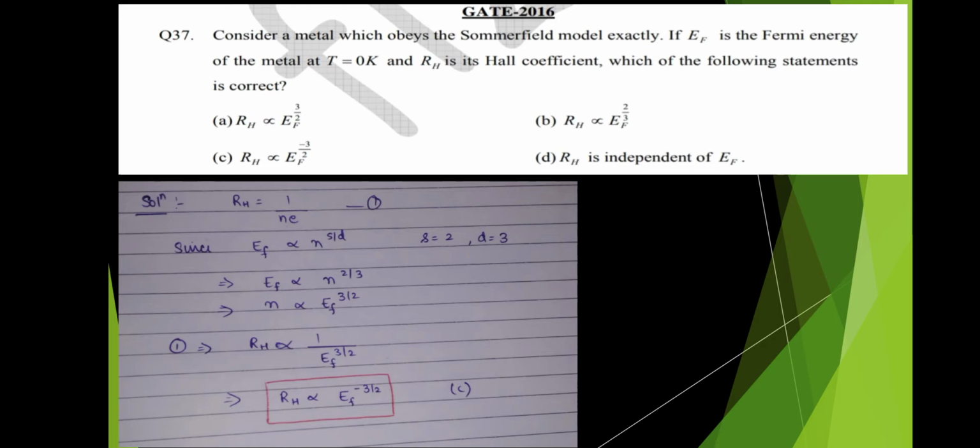Plugging the values, we get EF proportional to n raised to power 2 by 3, and n dependent on EF as power 3 by 2. So from the first equation we get RH is proportional to 1 by EF raised to power 3 by 2. So the dependency of RH on EF will be RH proportional to EF raised to power minus 3 by 2. So option C would be the correct answer.